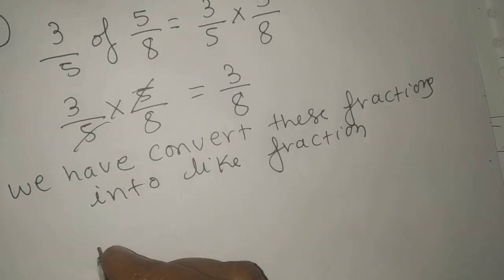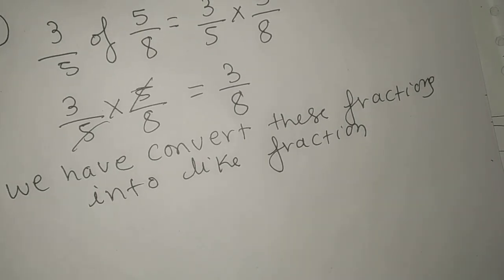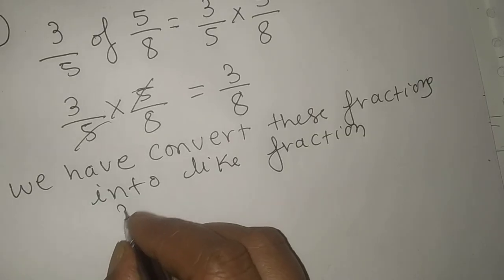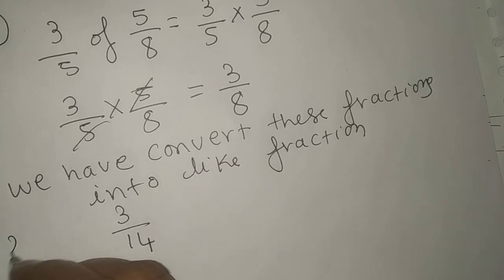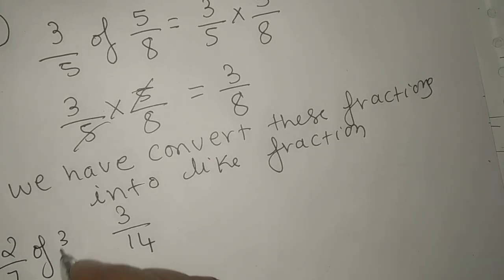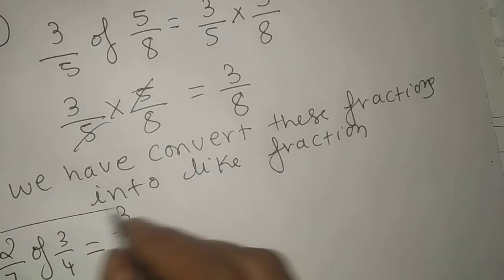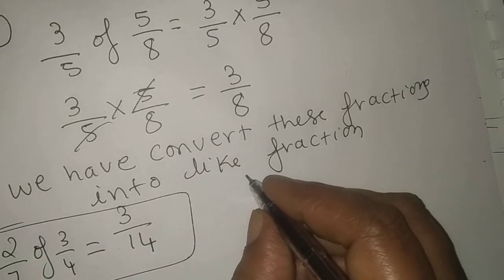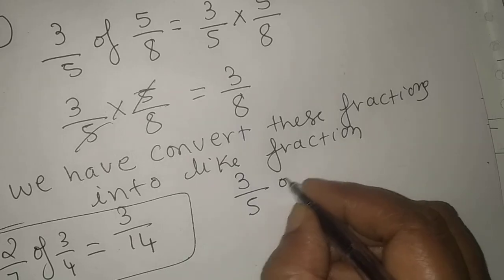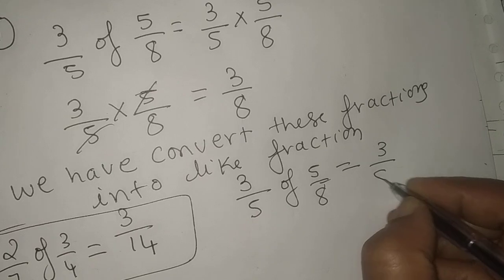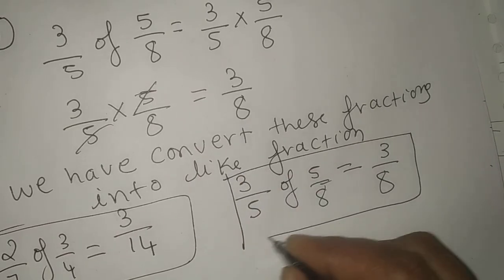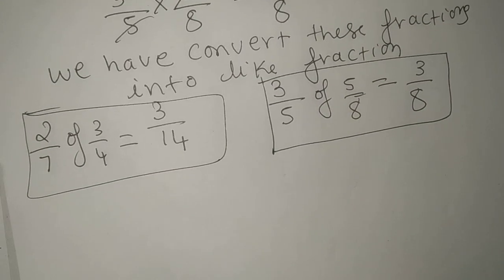For this, the first part, 2 by 7 of 3 by 4, we got as 3 by 14. Then the next, 3 by 5 of 5 by 8, we got as 3 by 8. This is another part. Now we have to see which one is greater.